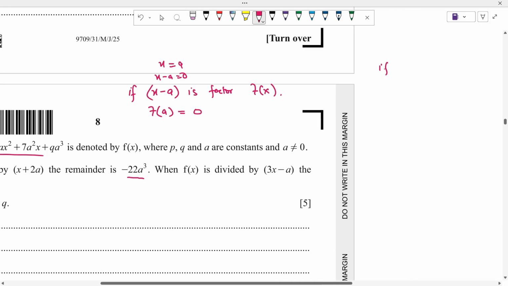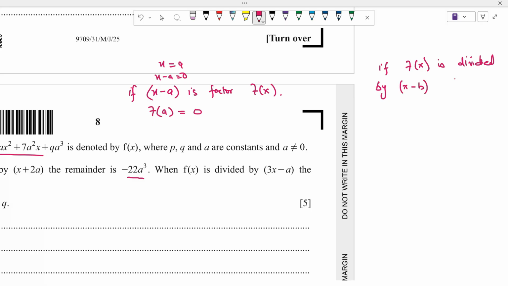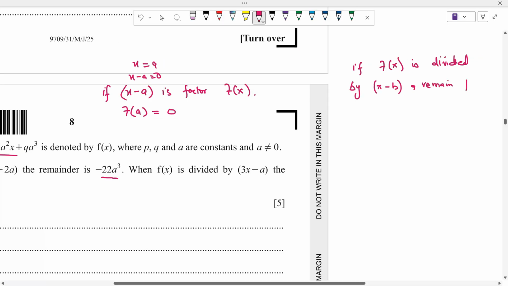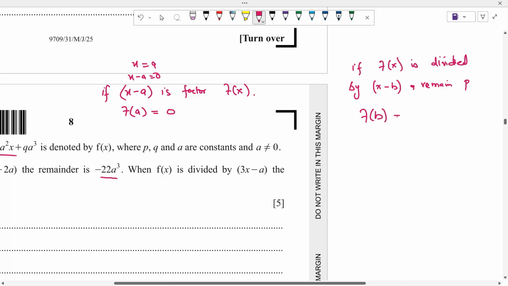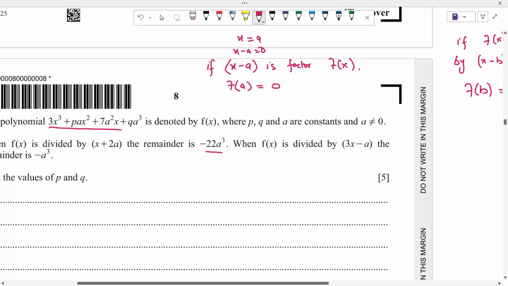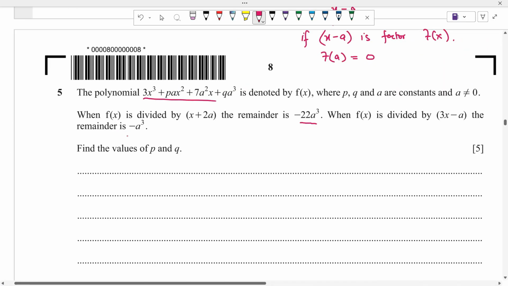Similarly, if f of x is divided by x minus b and we have the remainder of p, then f of b is equal to p, because this factor doesn't satisfy f of x, but it will give the remainder, which is p.